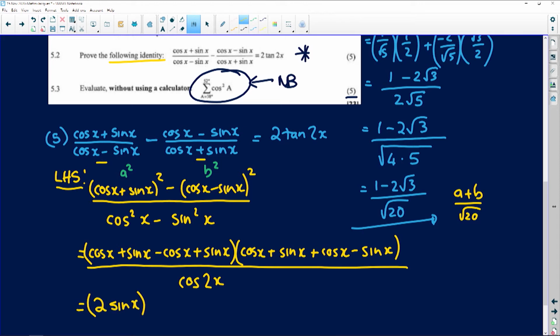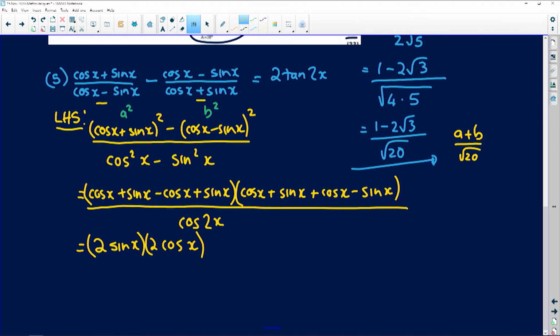Okay, and here I have cos and cos, so I have 2 cos x. Okay, that looks fine. The sine and the minus sine removed themselves from the equation, becoming 0. Divided by cos 2x. If I remove a 2 here, let's remove that 2 over there and put it in front. Then I have 2 sin x cos x over the cos of 2x.